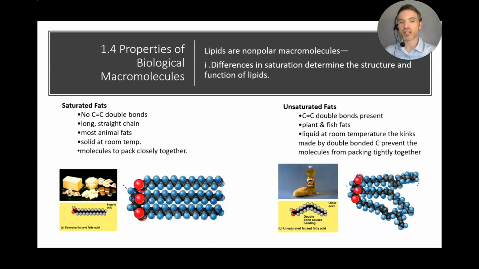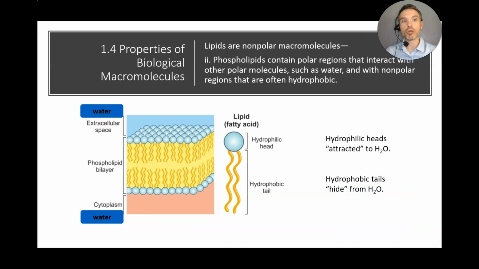And that kink is caused by the double bond in the carbon backbone. Remember the differences between saturated and unsaturated fats. The other thing that's not in this slide, but that you probably know, is that saturated fats have been linked to cardiovascular diseases.